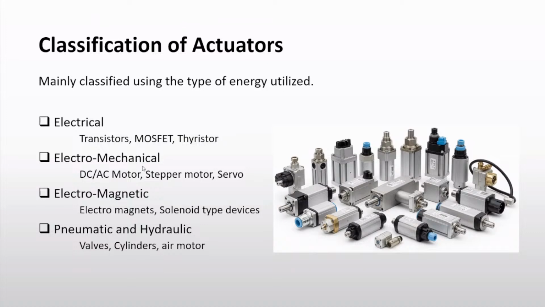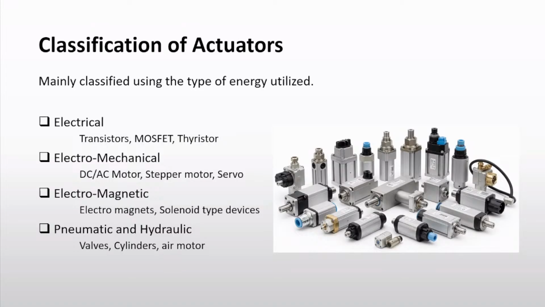Then there are electromechanical actuators. DC or AC motors, stepper motors, and servos can be classified under that type. And electromagnets and solenoids can be classified under electromagnetic actuators.